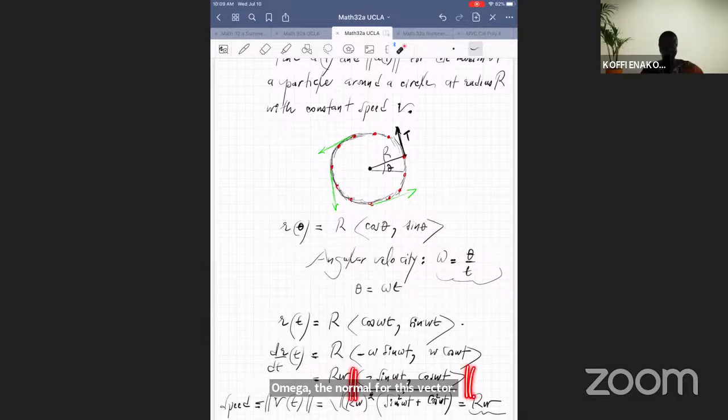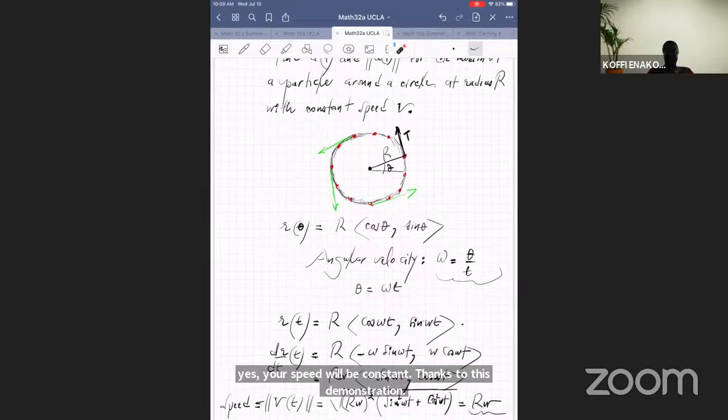Yeah, that'll be 1 because of the trigonometric relation. So the speed is just r omega, which is constant. It's just to prove my previous claim: if you have a constant angular velocity, then your speed will be constant, thanks to this demonstration, which is more a physics type of demonstration.